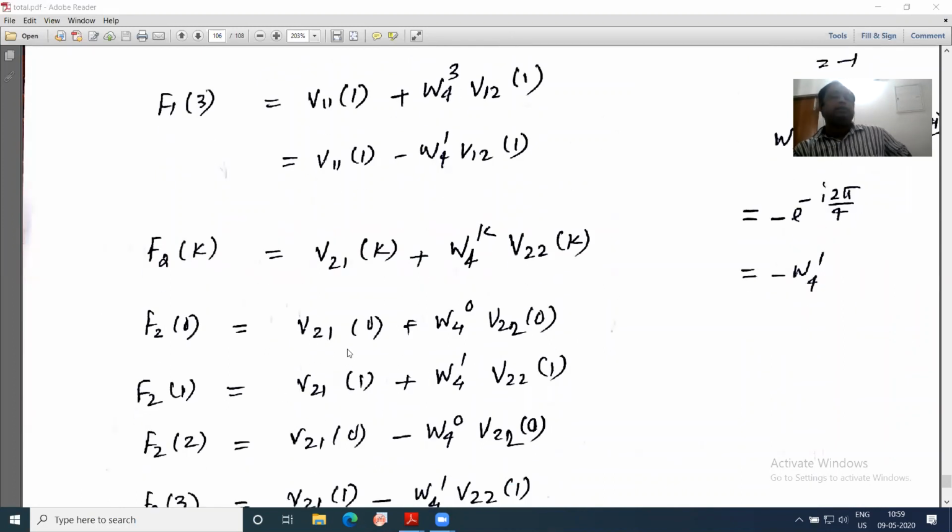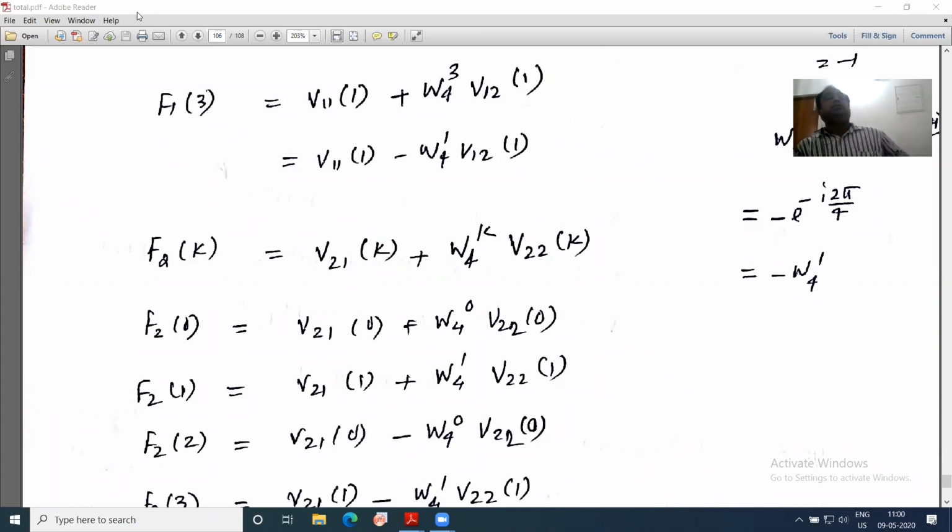Therefore, I can write v21 of 0 plus w40 v22 of 0 for k equal to 0. So f2 of 0, f2 of 1, f2 of 2, f2 of 3, I can compute similarly, the way I have computed f1 of 0, f1 of 1, f1 of 2, f1 of 3. Agreed?